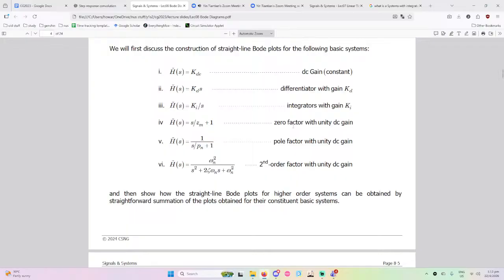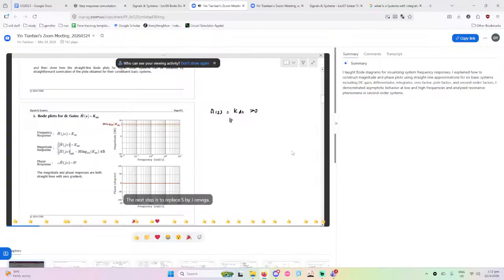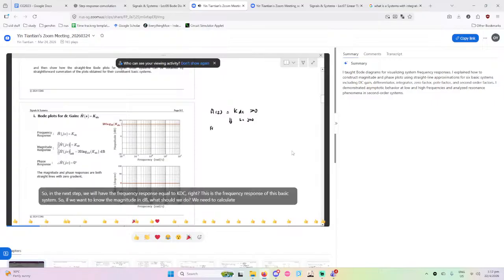In this case, the transfer function is a constant which is larger than 0, and it is denoted by K_DC. So we have the transfer function here. The next step is to replace s by j omega. So we will have the frequency response equal to K_DC, right? This is the frequency response of this basic system.